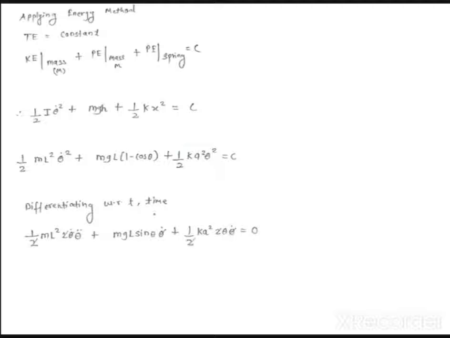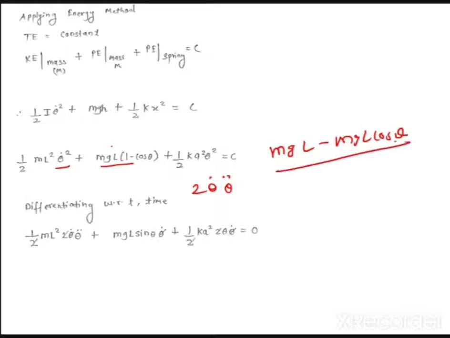So differentiating with respect to time, okay? So one half ml square, now you know that the derivative of theta dot square is 2 theta dot into theta double dot. Remember it if you are not understanding. Derivative of mgL is 0. You know mgL minus mgL cos theta, by opening the brackets, mg into L into 1 minus mgL into cos theta.